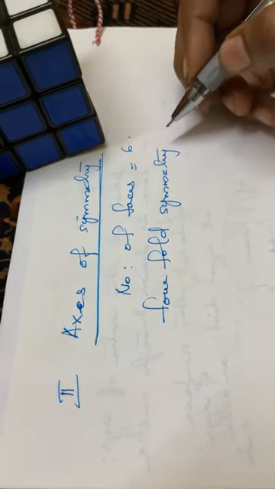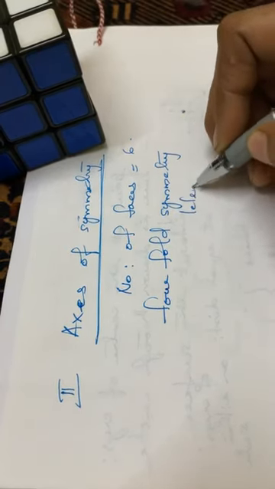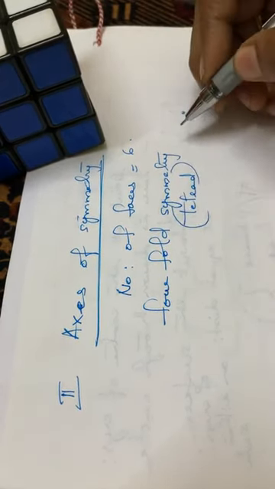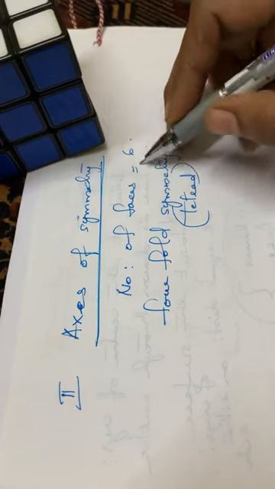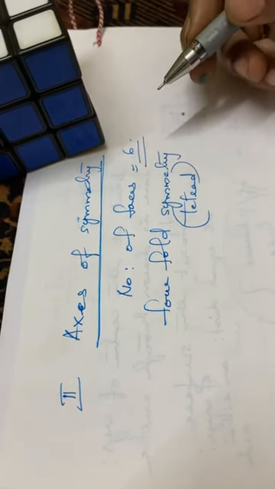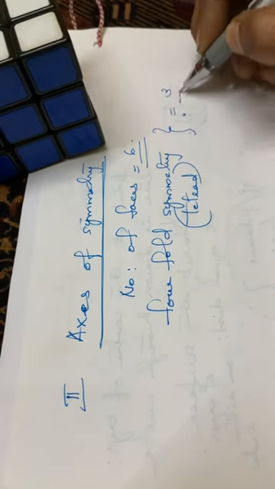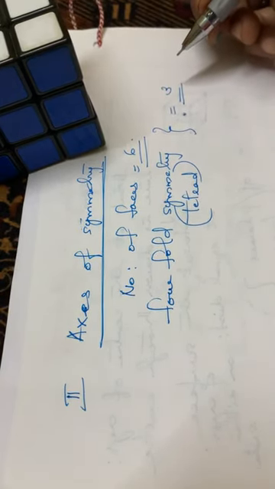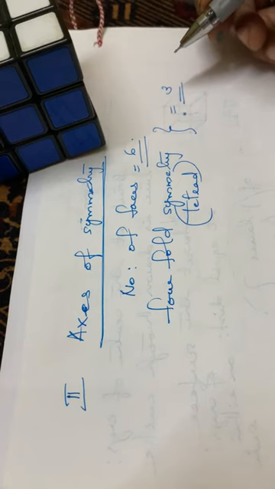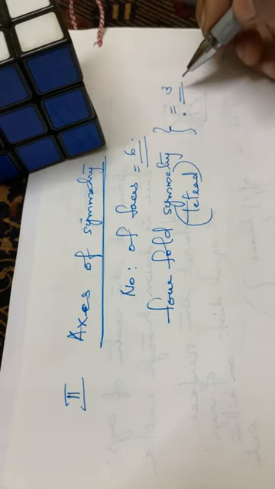Okay, fourfold symmetry, or we can call it a tetrad. Okay, fourfold symmetry, tetrad. So here it is having 6 faces, isn't it? 6 faces means the fourfold symmetry will be equal to 3. Okay, since it is having 6 faces, the fourfold symmetry will be equal to 3.